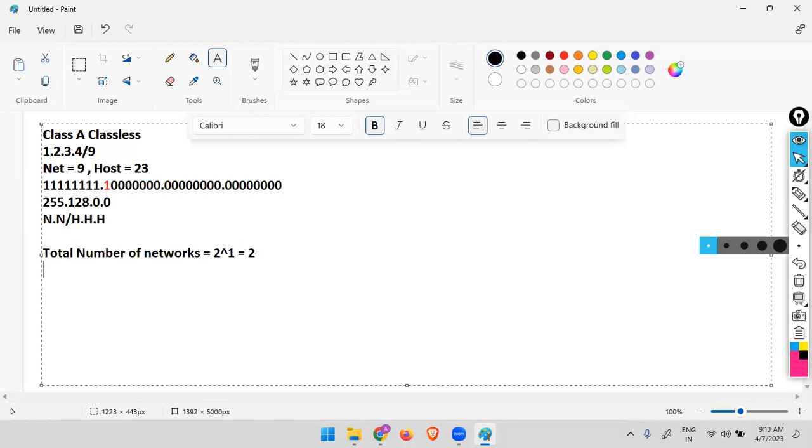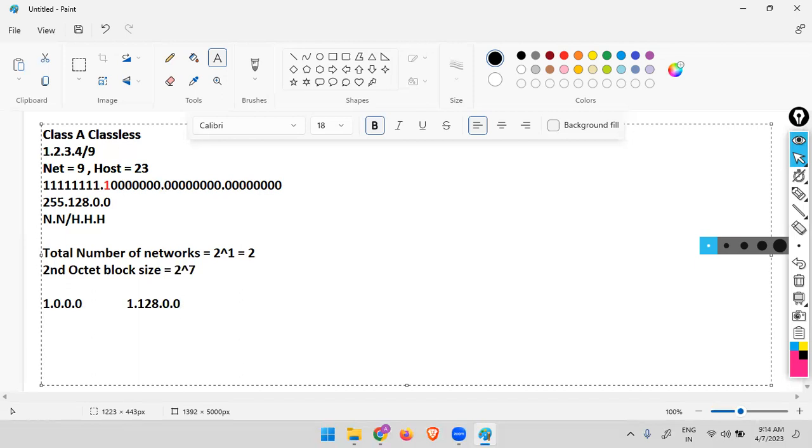Which octet block size? Second octet block size. That will be 2 raised to power 7. First IP 1. Correct. Next network will be 1.128. Correct.